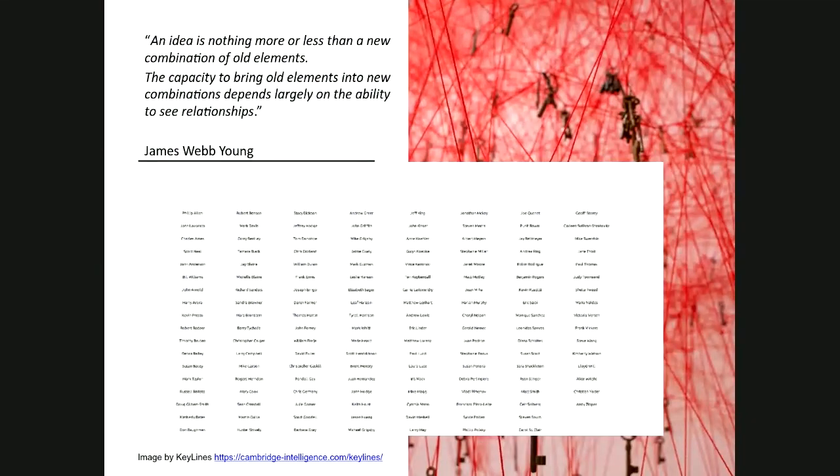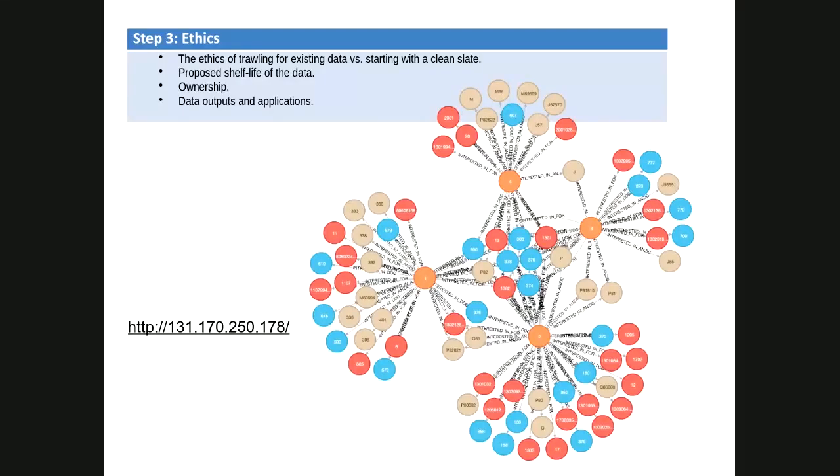I want to go to an ethics concern, and that's that there are two different approaches to ethics. One, and it's a very popular one, is that you are enticed to buy a product and then people draw you in and trawl through your data.